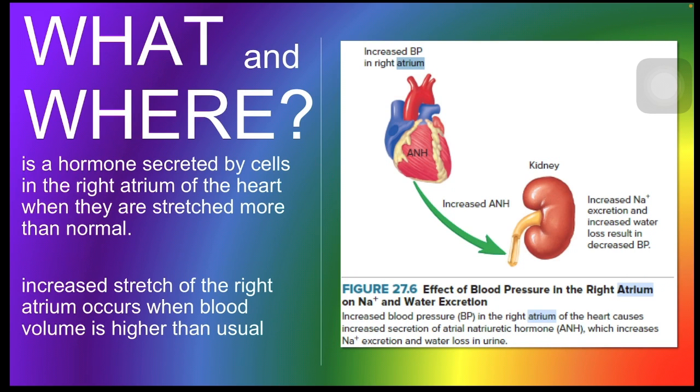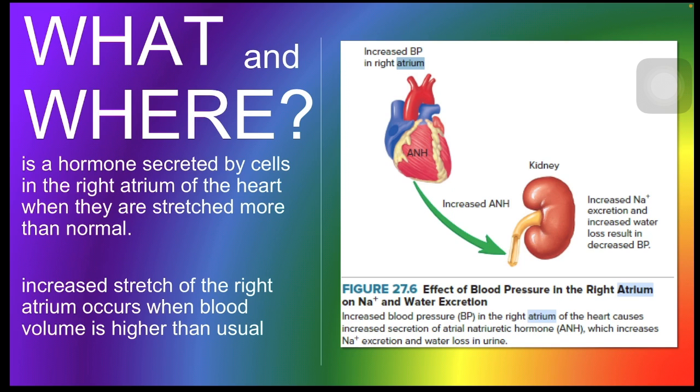What is ANH or atrial natriuretic hormone? It is a hormone secreted by cells in the right atrium of the heart when they are stretched more than normal. Where is it produced? As we can understand by the definition, ANH is produced in the atrium, hence the heart.